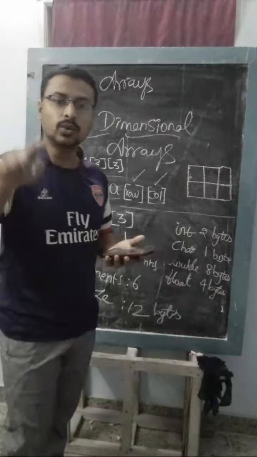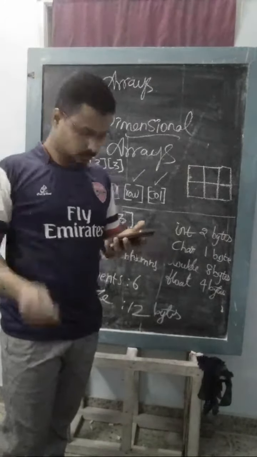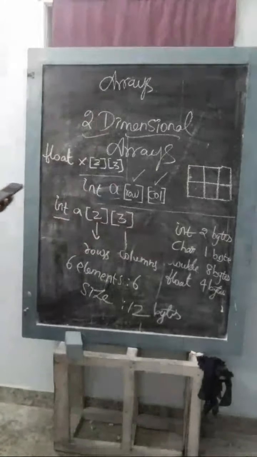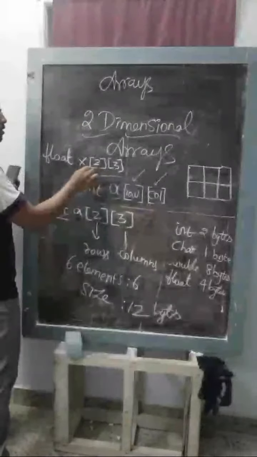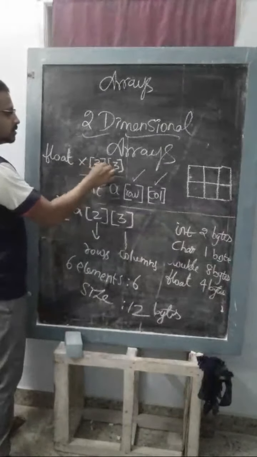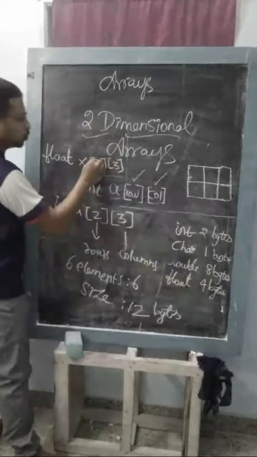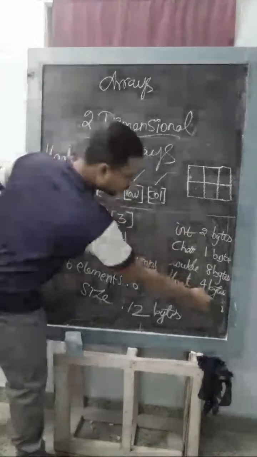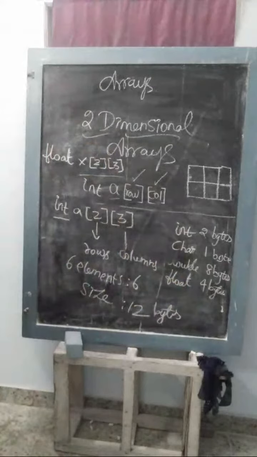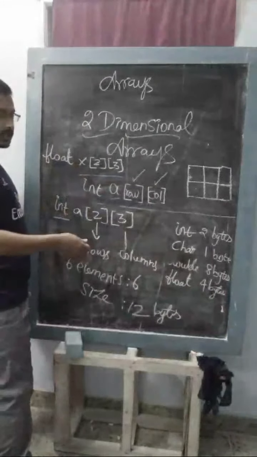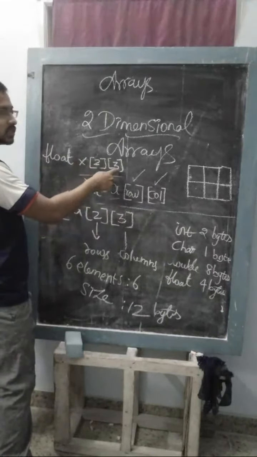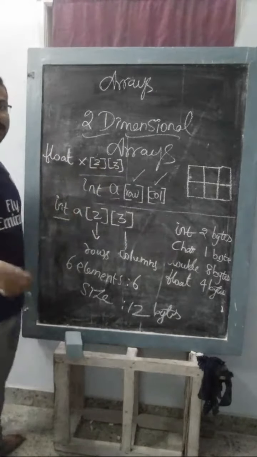If you mention 24, you have to write bytes. Diyajai, the size is 24 bytes because it consists of 6 elements, 6 into 4, that is 24 bytes. And how many elements are there? 2 cross 3, that is 2 into 3, that is 6 elements.